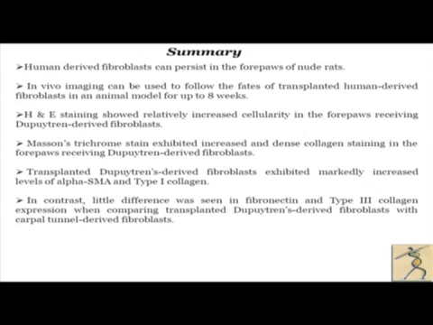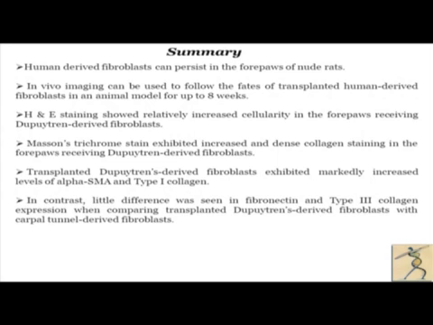So I will summarize these initial observations for you by just pointing out that, number one, human-derived fibroblasts will persist for lengthy periods of time in the forepaws of nude rats, that we can, at least with a little bit of confidence, use in vivo imaging to reassure ourselves of the cell fate of these transplanted fibroblasts in an animal model for up to 8 weeks.